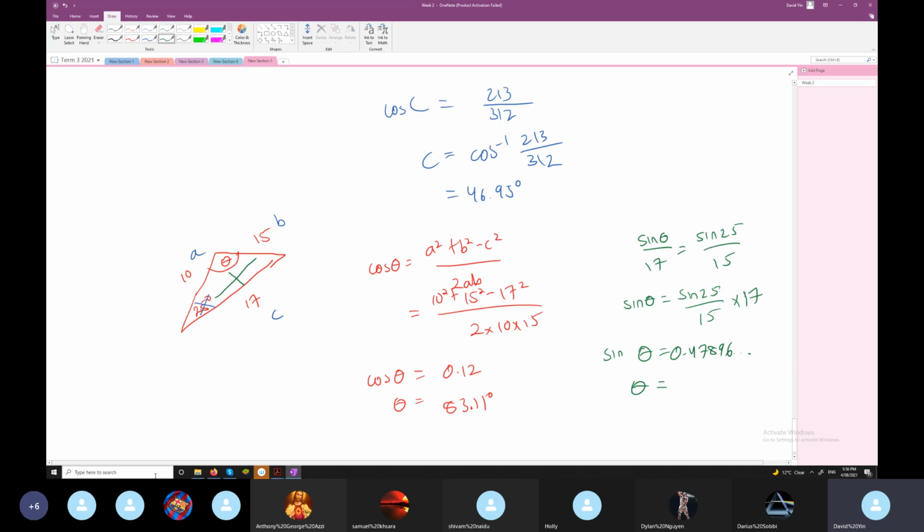What is going on here? 10 squared plus 15 squared. 83.